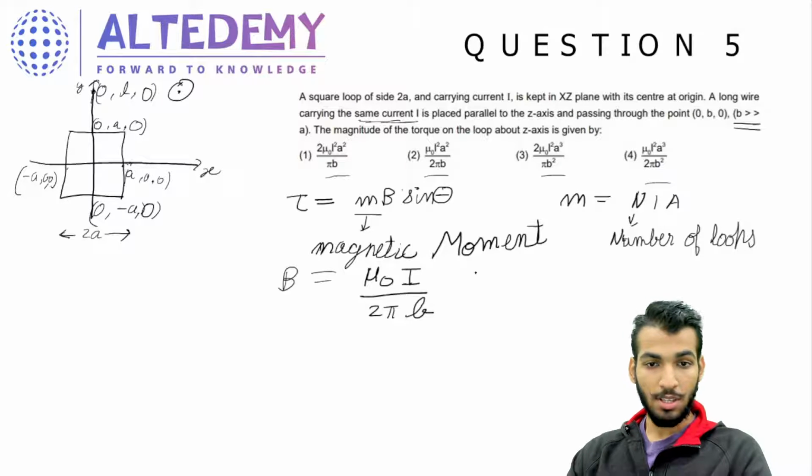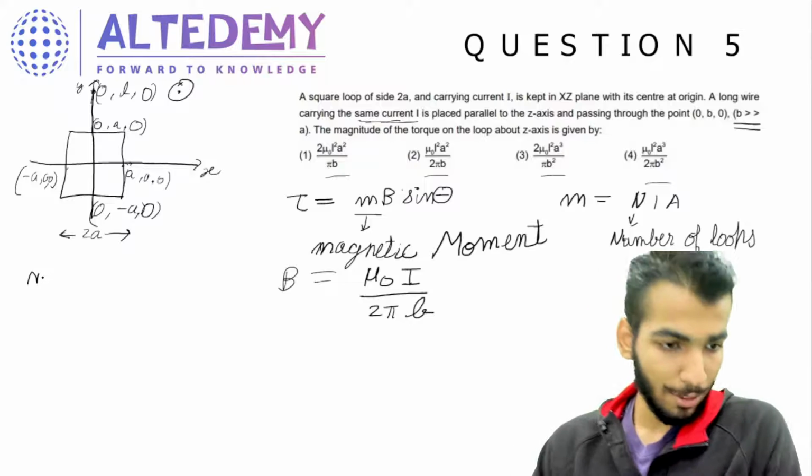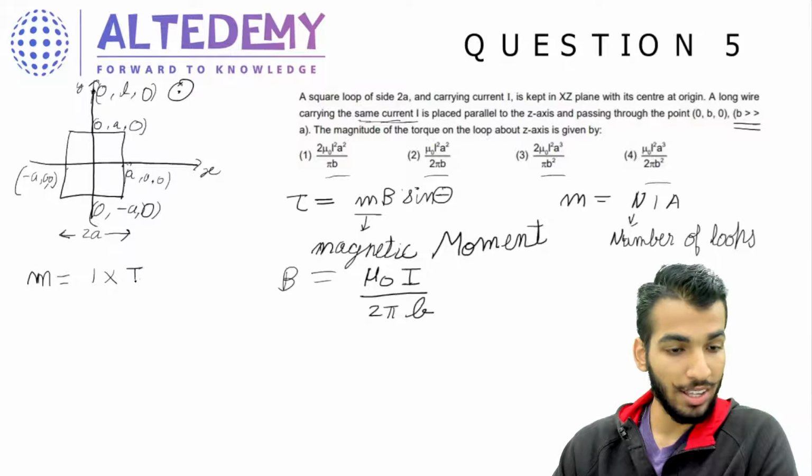We're just going to multiply them. And what is M, by the way? M equals N, which is 1 of course, into I, the current which is flowing inside.